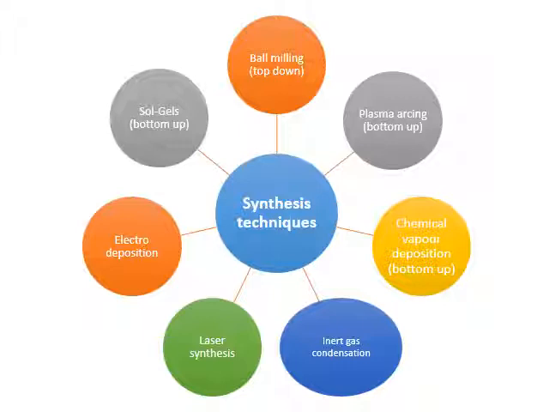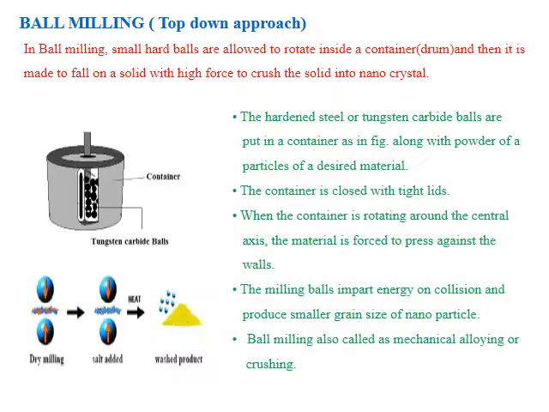We are going to see some of the methods listed here as examples, and we will go through these methods briefly, and then we will discuss the resulting properties of these nanomaterials. The first and foremost and the oldest technique of producing nanomaterial is called ball milling.